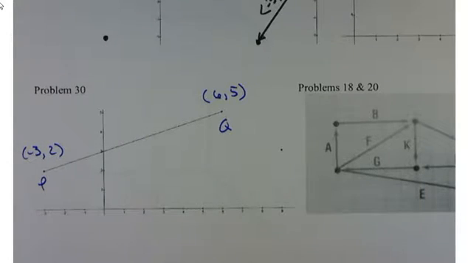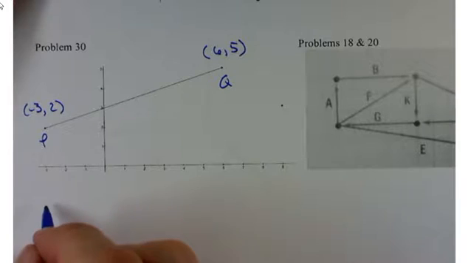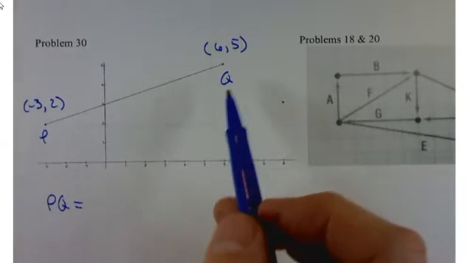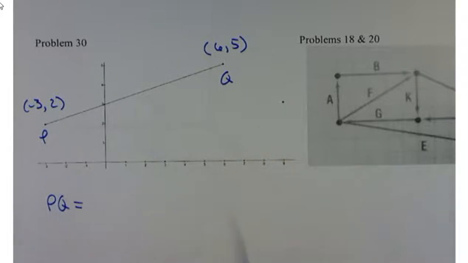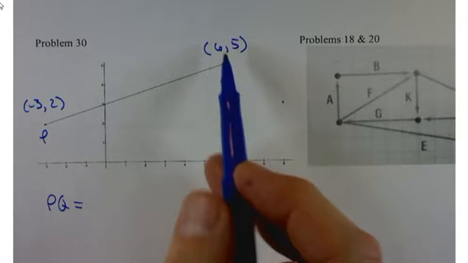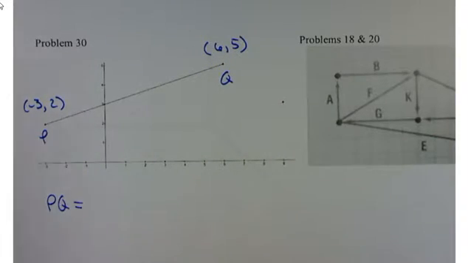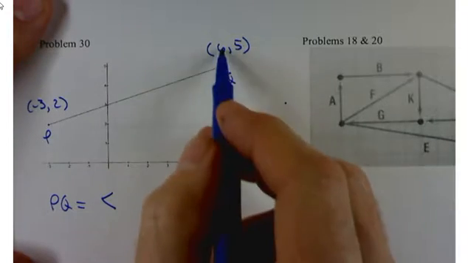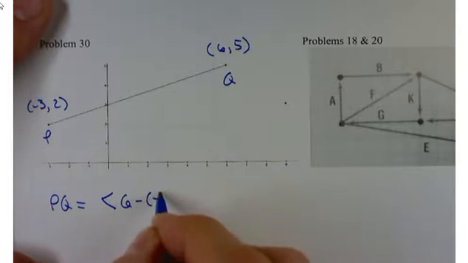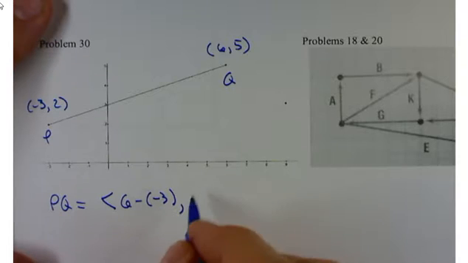If I want to form a vector PQ, then PQ is going to equal the difference between these two. You're going to subtract the coordinates term by term, Q minus P. So PQ is going to be 6 minus -3, and then 5 minus 2.